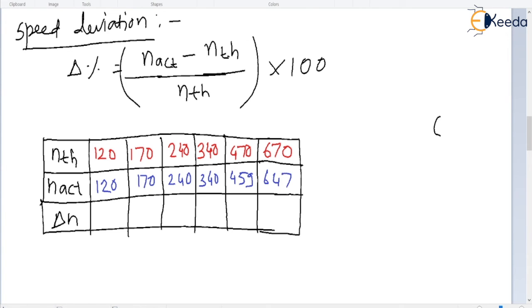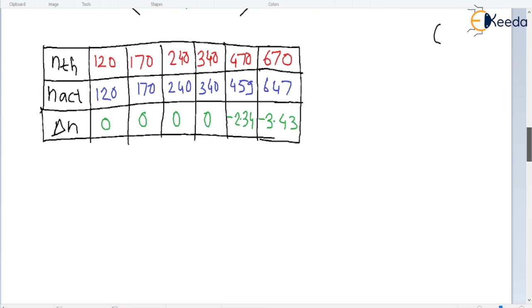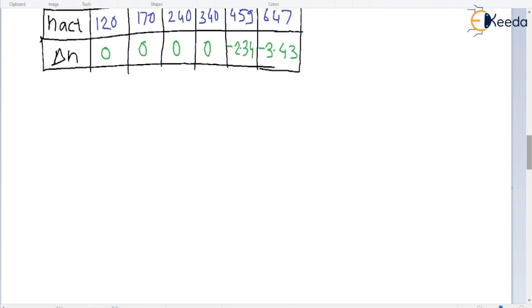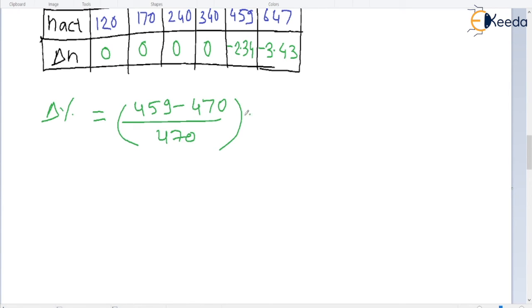Now if we check with this, here we have deviation values 0, 0, 0, 0, and here it is minus 2.34, and here it is minus 3.43. Here we are getting the final deviation values through that formula. I'll show you one of them. Delta percentage: 459 minus 470 divided by 470 into 100.